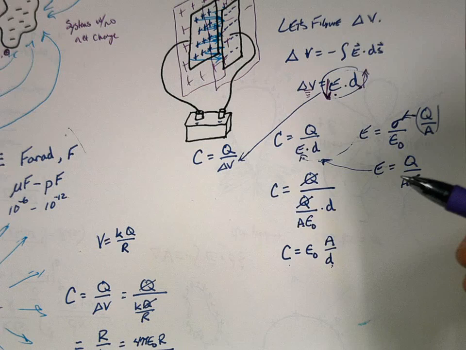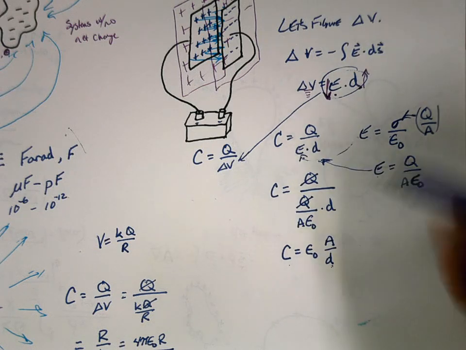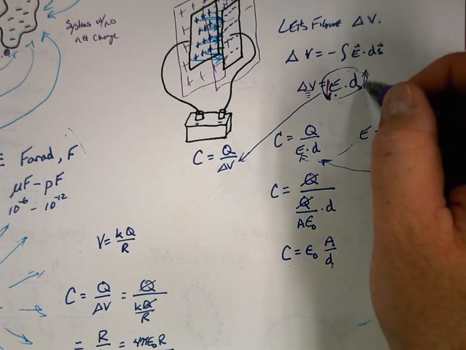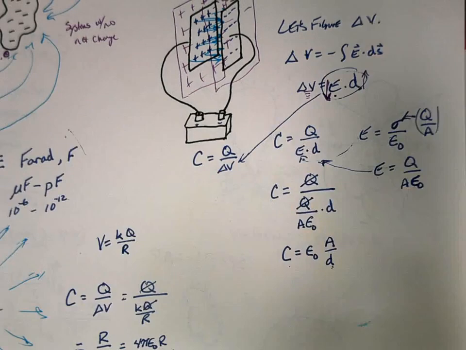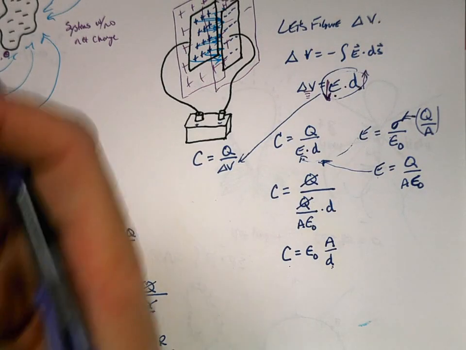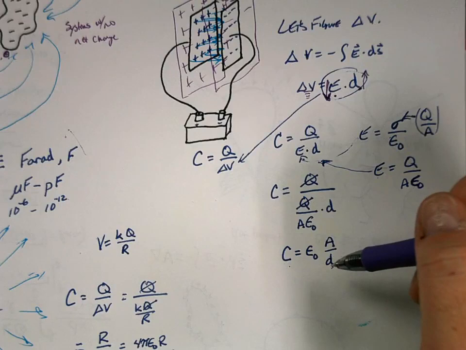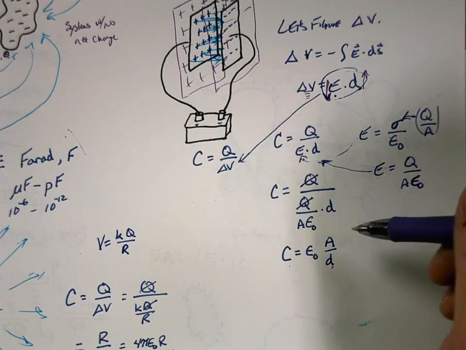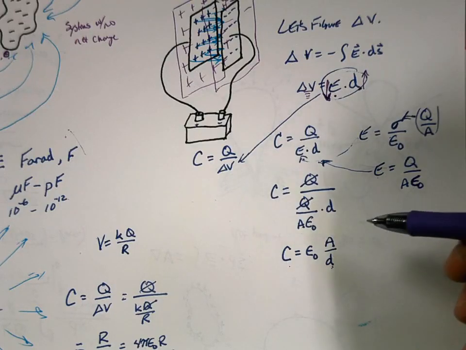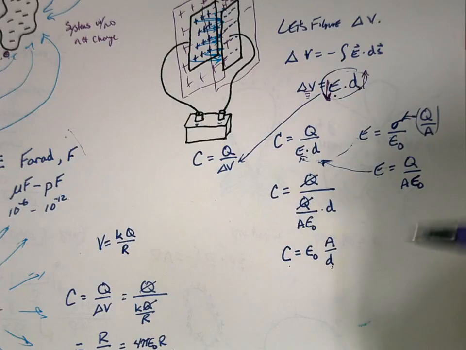Oh, I just described it wrong. If our D increases, our field drops. Field decreases, so the potential has less charge on the plate, so the capacitance decreases.